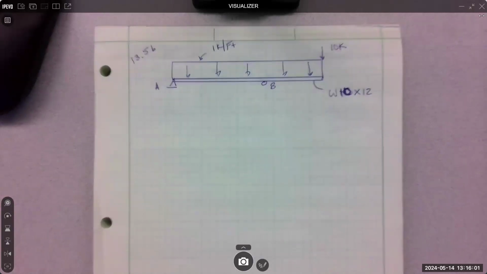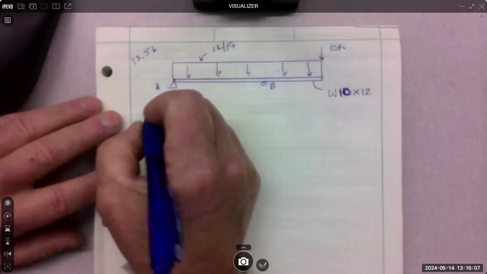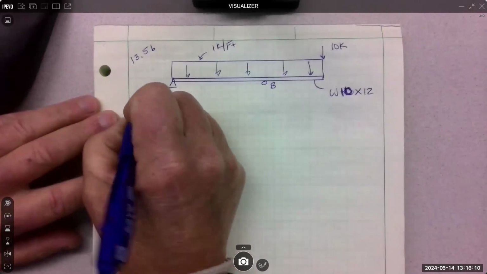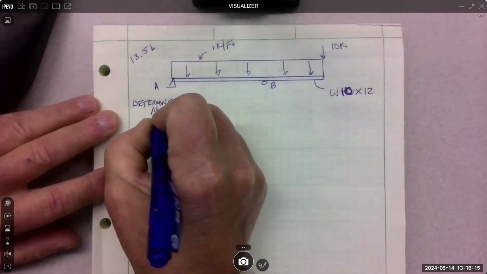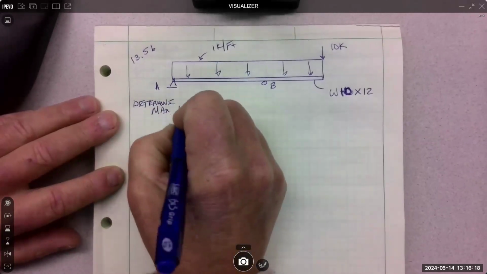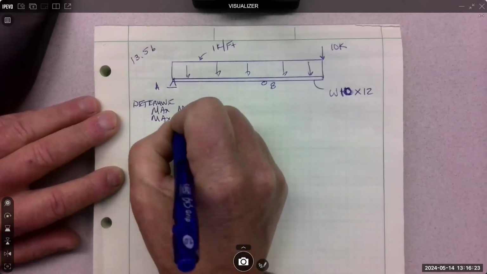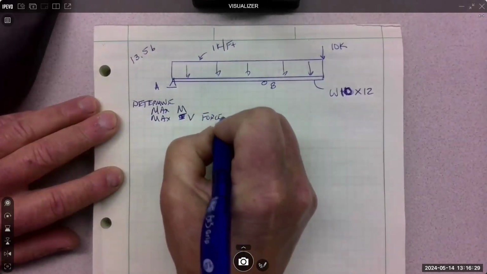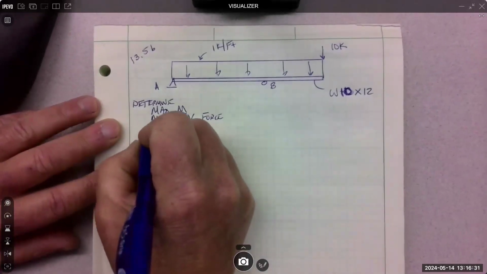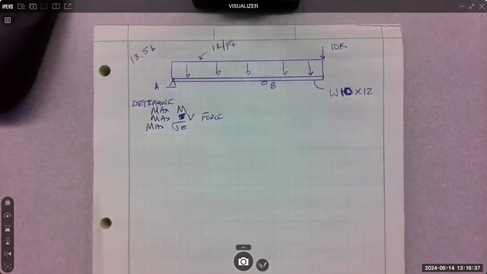But then I'm gonna have us determine max bending, max shear, which is actually V force, and then we're gonna go for max bending stress. We're gonna push it all the way forward.